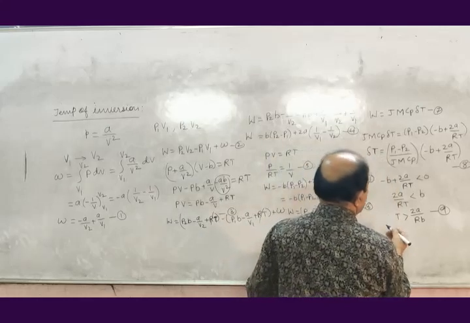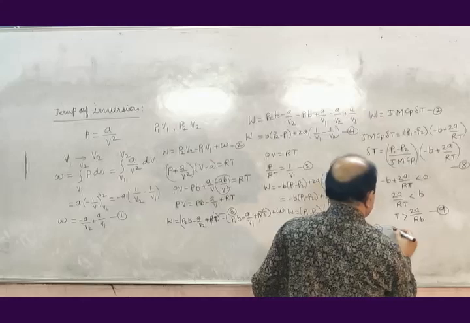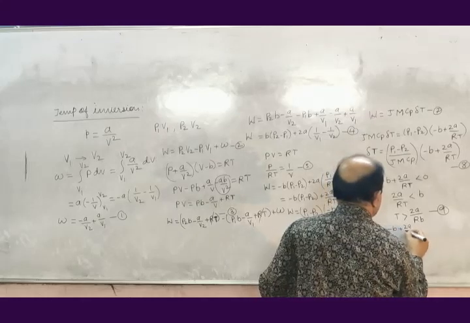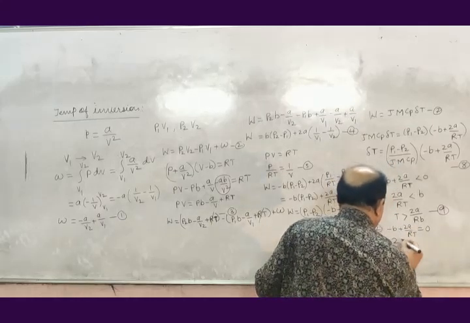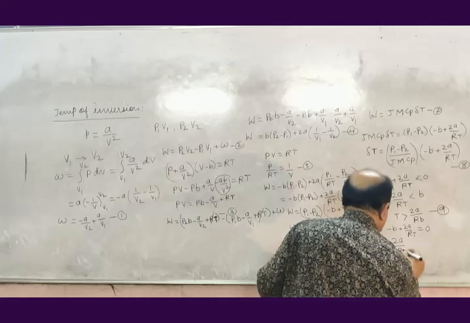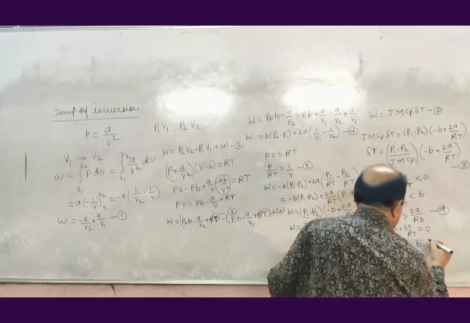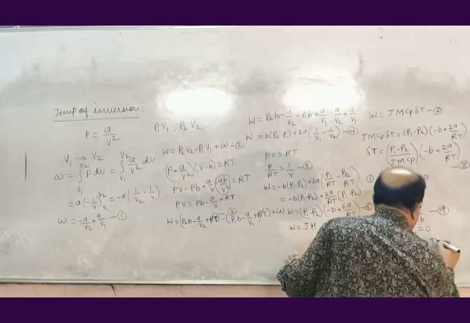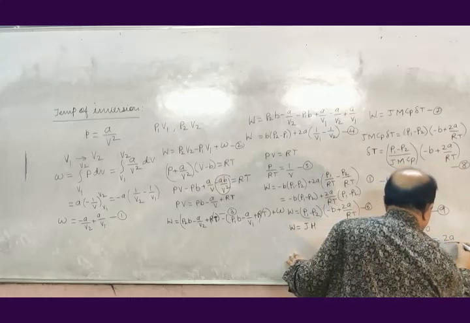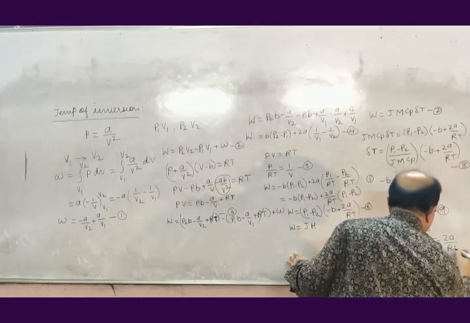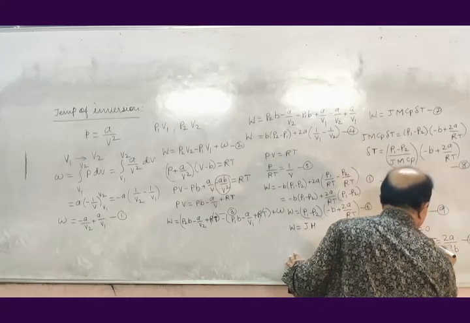When will delta T be 0? Second case: delta T will be 0 if minus B plus 2A by RT is equal to 0, or 2A by RT is equal to B, or T is equal to 2A divided by RB. Equation number 10.